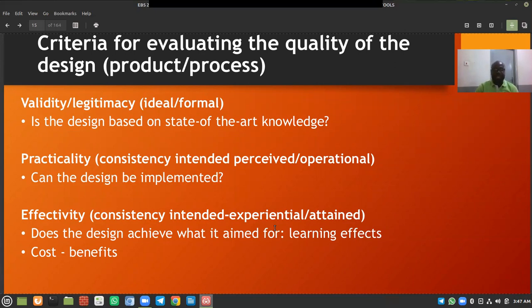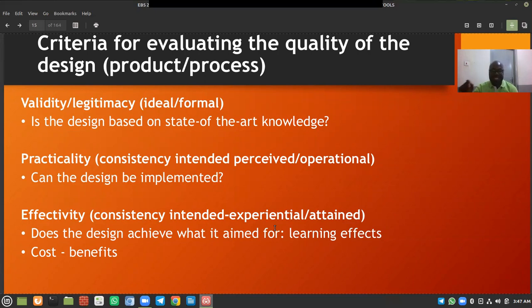We need to check out practicality when we evaluate the quality of a design, so that if the design cannot be implemented over and over again, then we can draw the conclusion that there is room for improvement. Its quality needs to be further worked on. Number 3 is effectiveness. Consistency: intended, experiential, or attained.